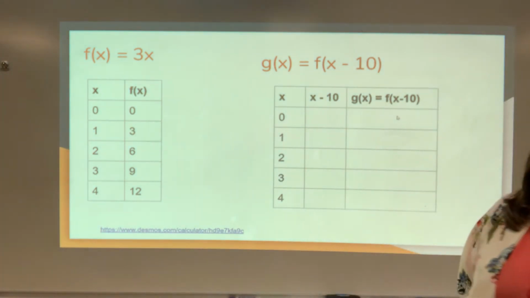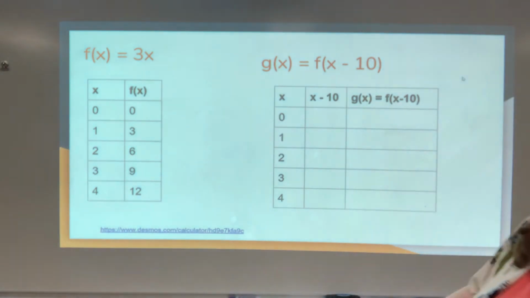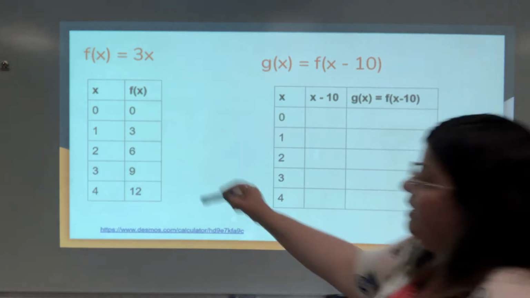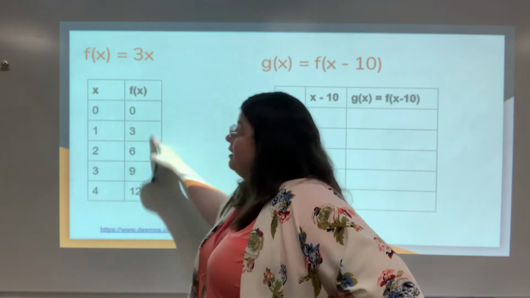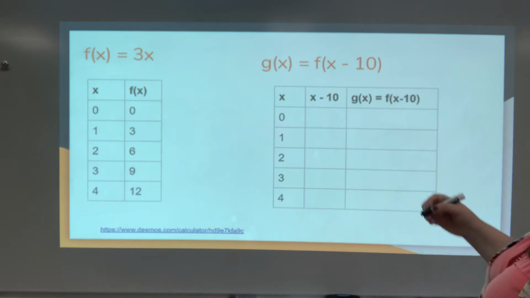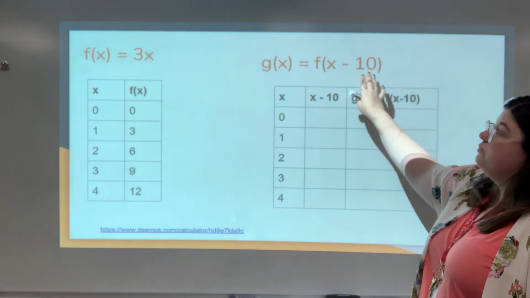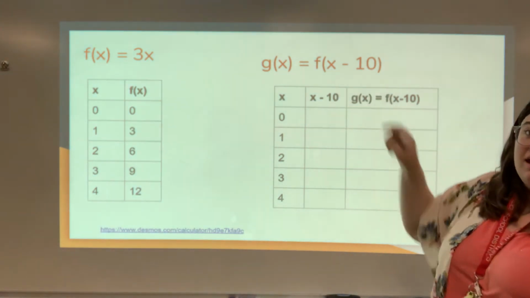So again, I'm sticking with the original function that we had just so we can make things easy. That table of values is right over here to the left, f of x equals 3x. Take my input, multiply everything by 3 over here. So what's happening now? Now in my transformation rule, g of x equals f of x minus 10.